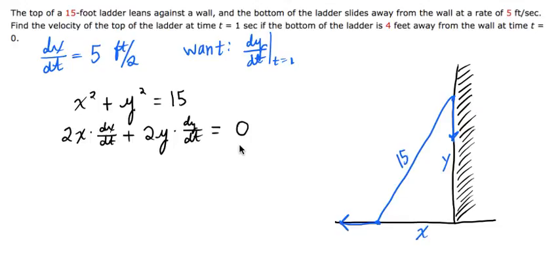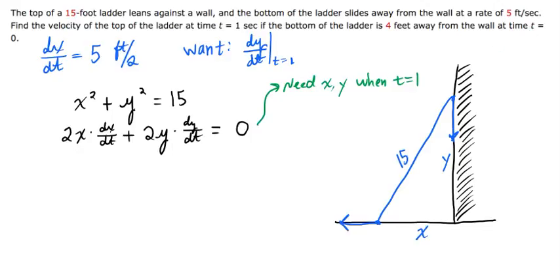So now we want to solve for dy/dt, and I know dx/dt. I'm going to need x and I'm going to need y at the moment when t is 1. Let's do this over here. We're going to need x and y when t is 1. Now it says the bottom of the ladder is 4 feet away from the wall at t equals 0.